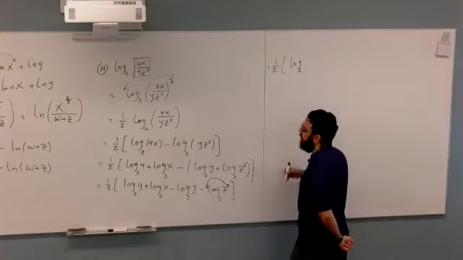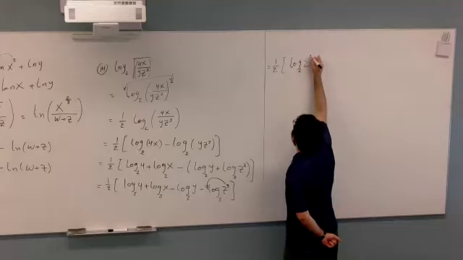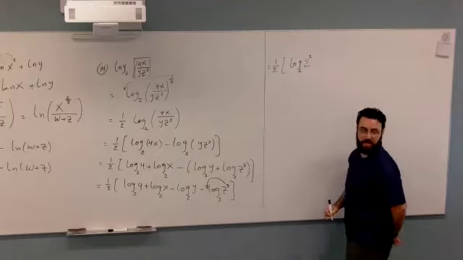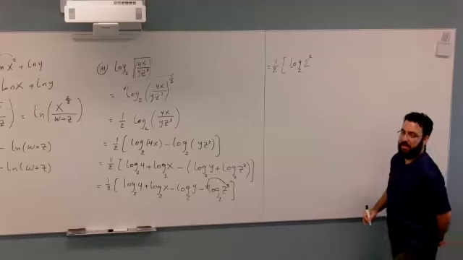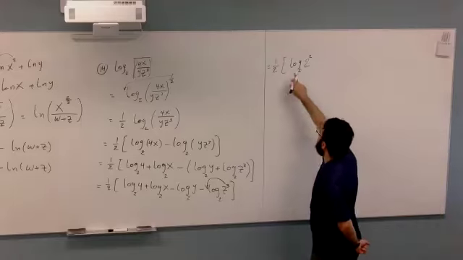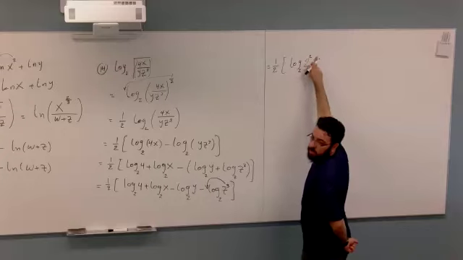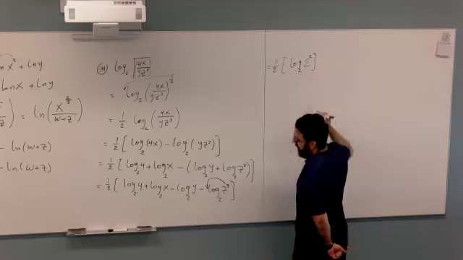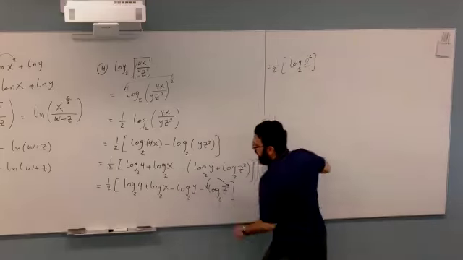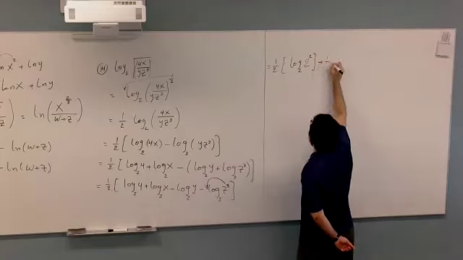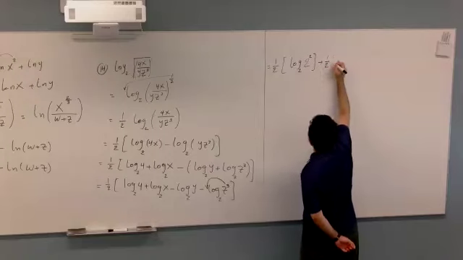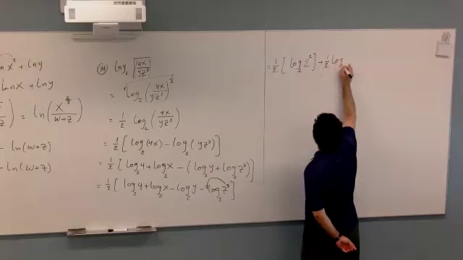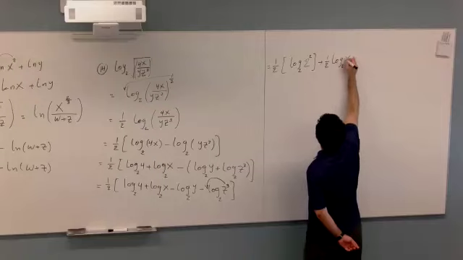Can I write it down as a 2 squared? The 4, I can write down 2 squared. Is that okay? Plus what? Plus half. The second log is log to the base 2 to the x.